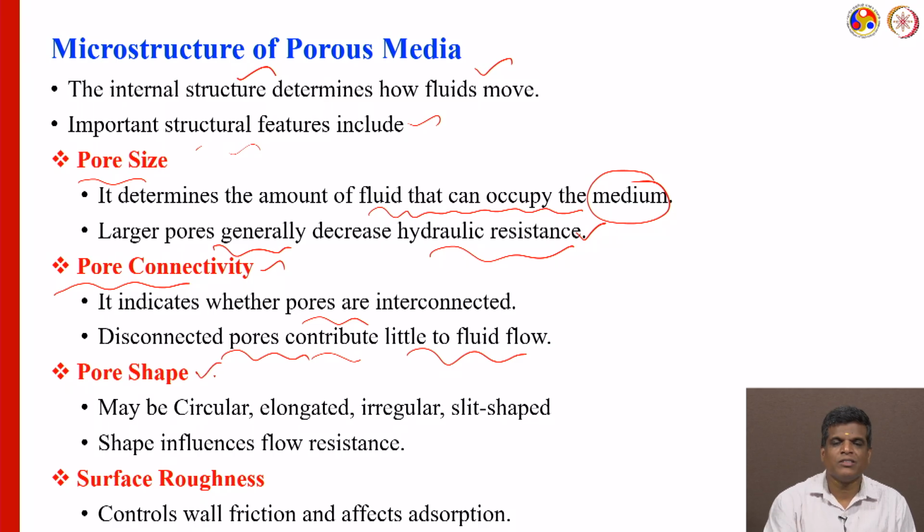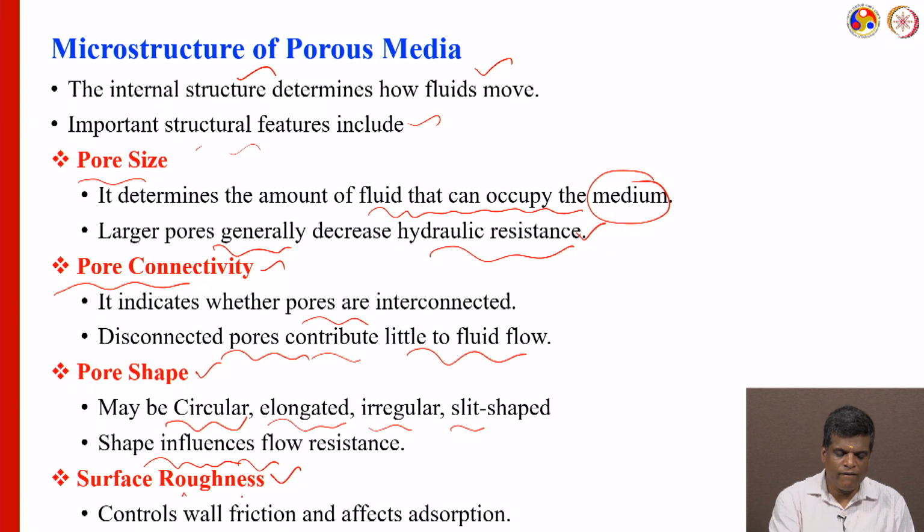Then the third one is pore shape. Normally the pore shape may be circular, elongated, irregular, or slit shaped. The shape influences the flow resistance. The last one is surface roughness.